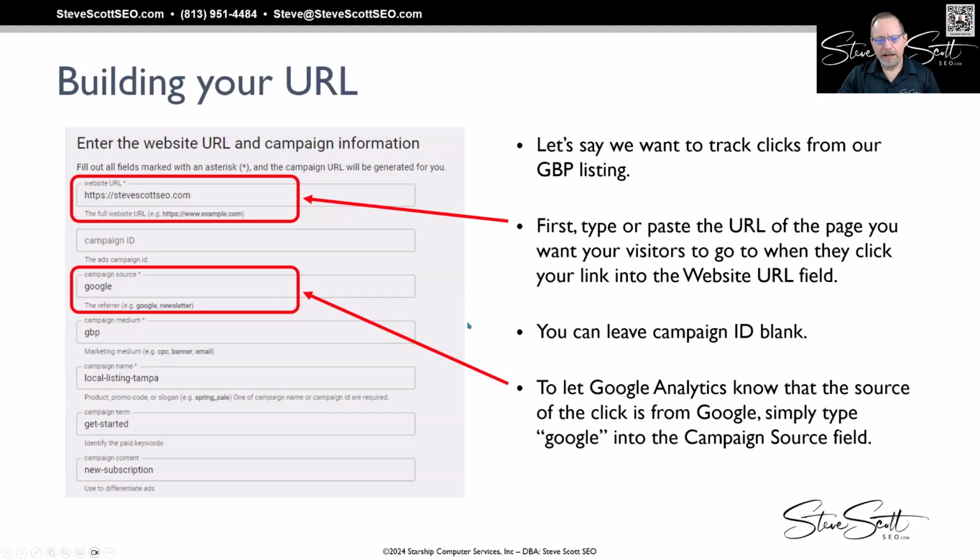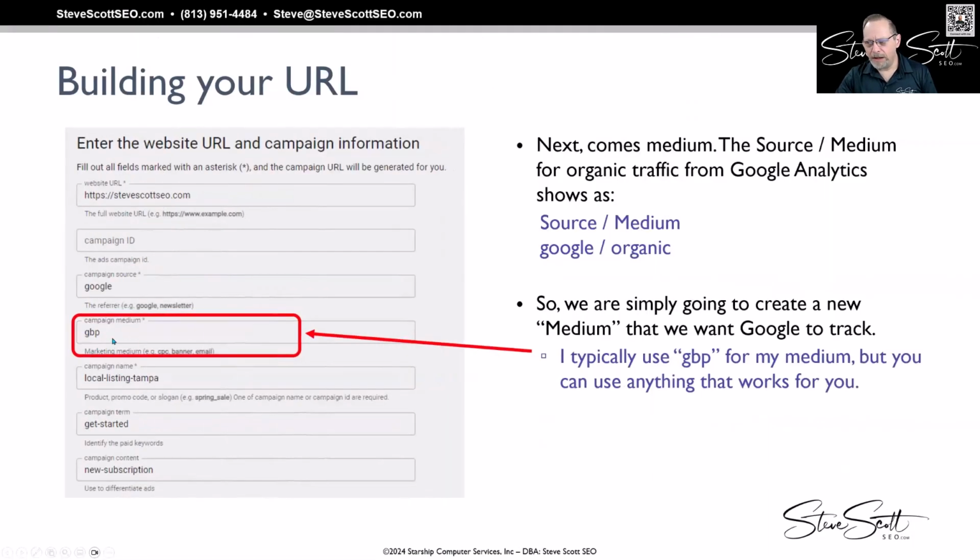When you get there, leave the campaign ID blank if you like. Analytics knows the source is going to be Google. That's what Google shows. That's just how they put it. And then the next is going to be our medium. Again, I always use GBP because they typically use source medium of Google Organic. I'll show you this too. And we're just going to create a new medium that we want Google to track, which is called GBP.